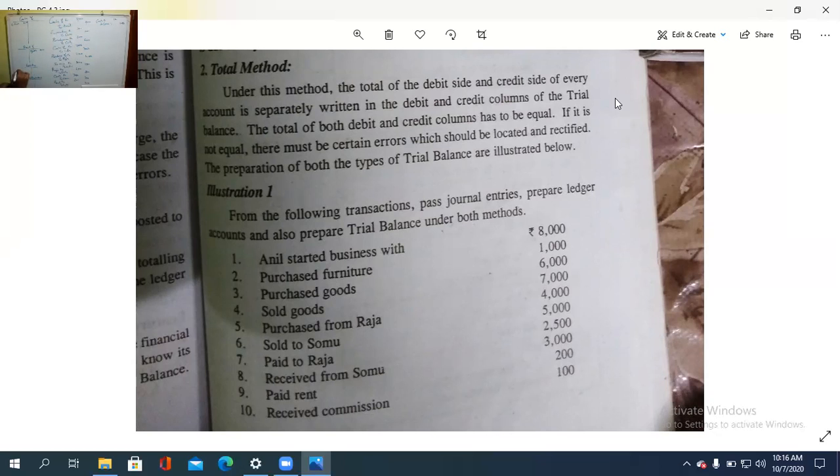So furniture account to cash by furniture. Okay. 1,000. Here 1,000. Then next purchases account debtor to cash. So by purchases 6,000. Purchase account to cash 6,000. Another account is sales.